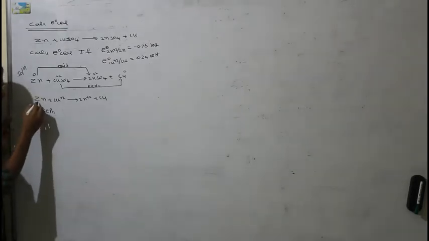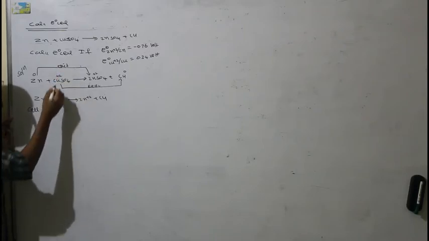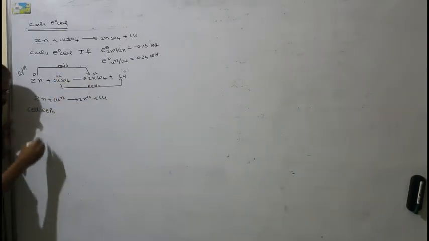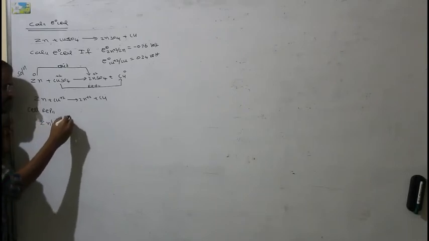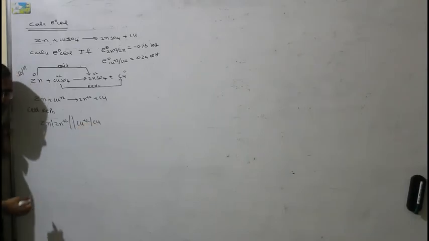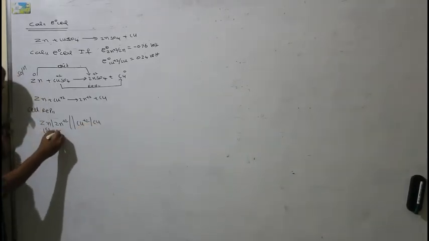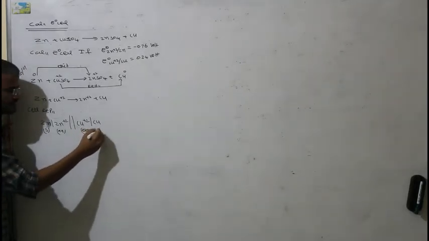So anode is zinc, cathode is copper, because oxidation occurs at the anode and reduction occurs at the cathode. So Zn slash Zn plus 2 double slash Cu plus 2 slash Cu. Solid, aqueous, aqueous and solid.